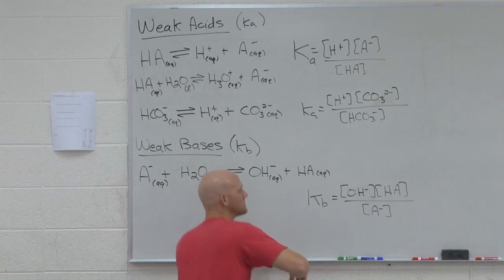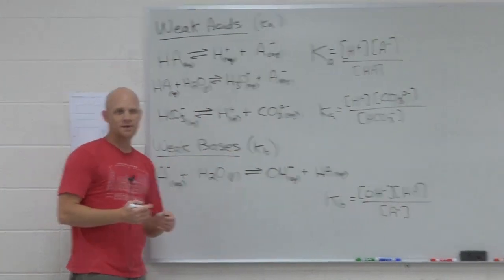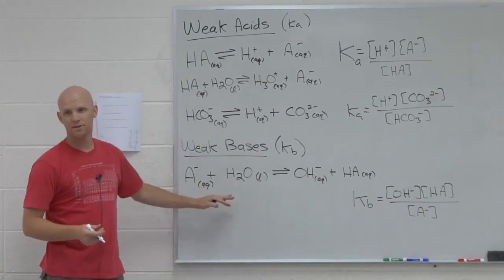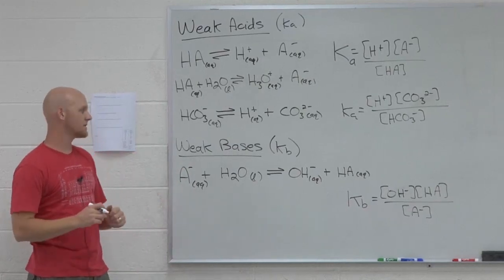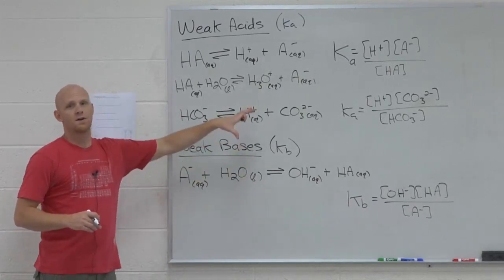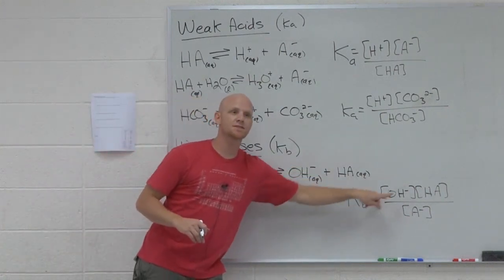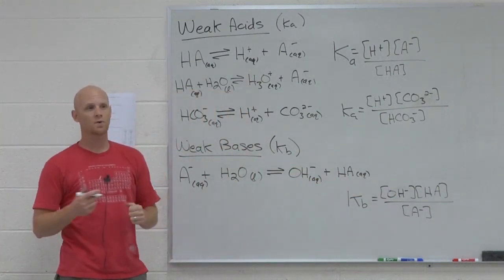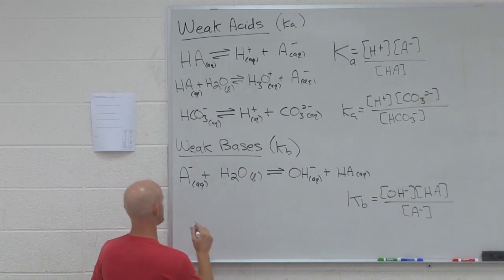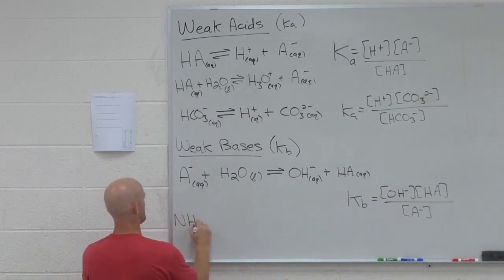Cool. And again, just like we did for weak acids, I could give you a question, or whoever, Dr. Searley, could give you a question that says, show me the Kb reaction or the Kb expression for a specific weak base. And I'm going to ask you, what is it for ammonia?